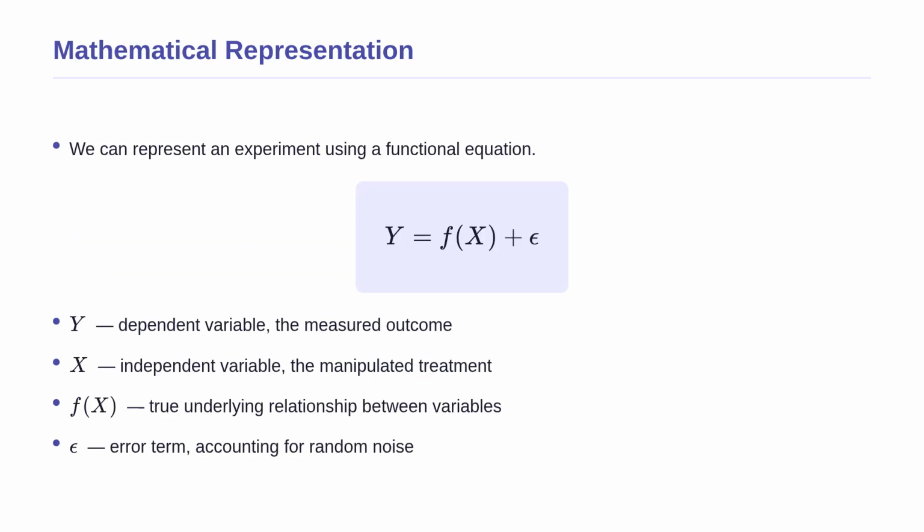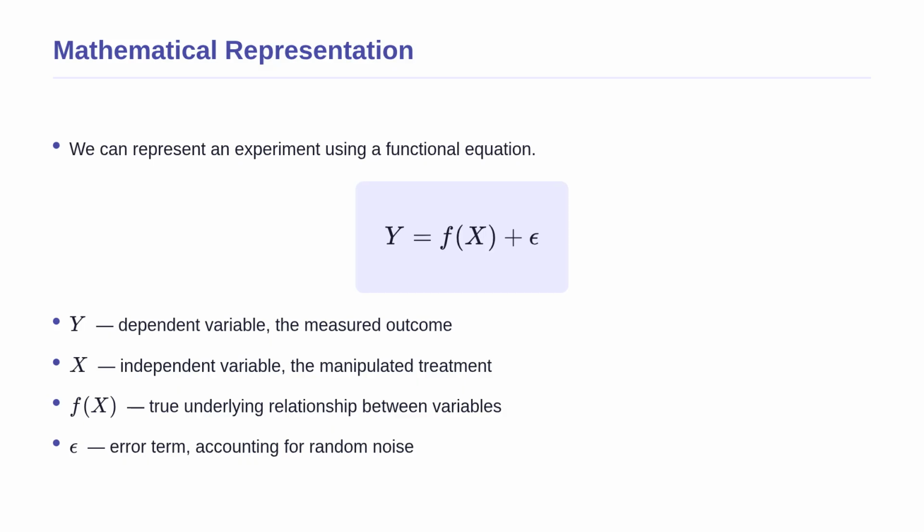Having established the conceptual foundation, let us look at how we can represent an experiment mathematically. To truly understand how an experiment works, we use a simple functional equation that acts as a blueprint. The equation is y equals f of x plus epsilon. Here, the symbol y represents the dependent variable, which is the final outcome we are measuring. The symbol x represents the independent variable, the specific treatment we manipulate.